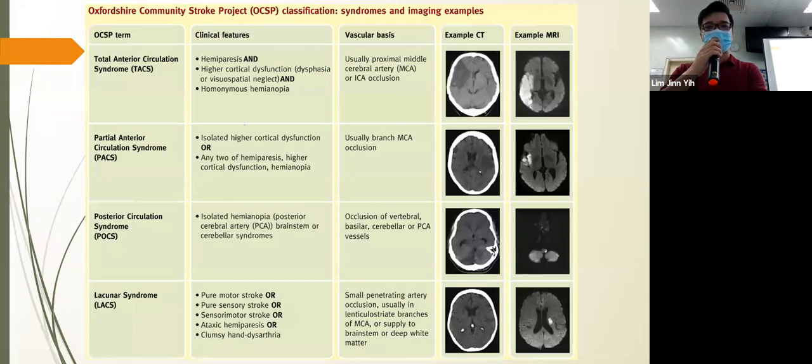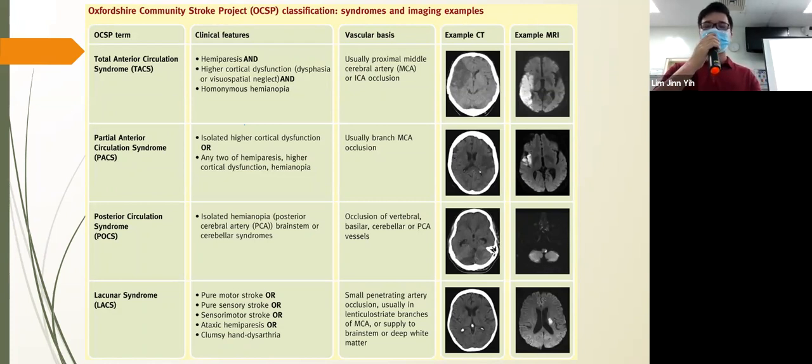There's also this Oxford classification we can use to help us determine whether this is an anterior circulation involving a total or partial occlusion, posterior circulation syndrome, or it's just small branches, lacunar syndrome. So for your anterior circulation, there are 3 clinical features. If all 3 are present, then we can classify it as total anterior circulation syndrome.